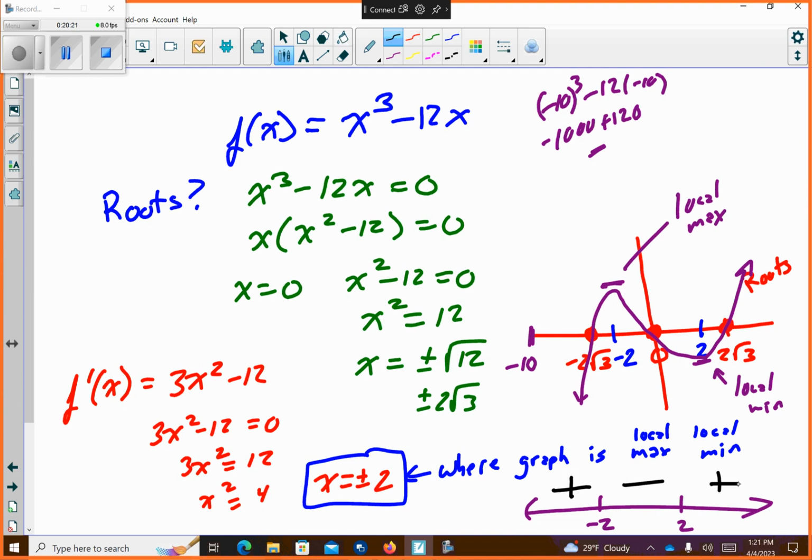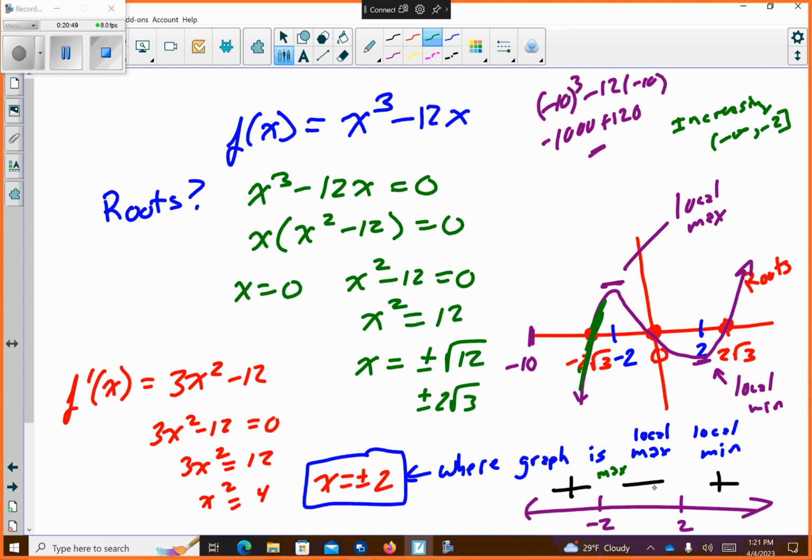All right, so the intervals where it's increasing, this is increasing here. This is showing us that we have a local max. It's increasing at 2 spots. It's increasing from -infinity all the way to -2.